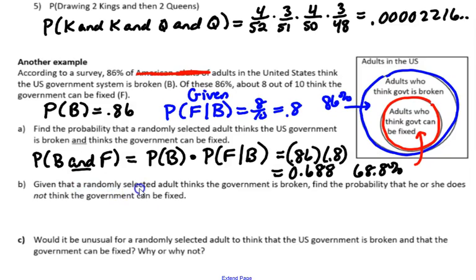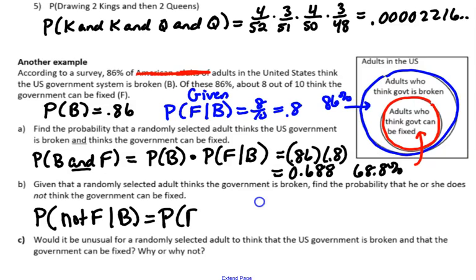Given that a randomly selected adult thinks the government is broken, so we have that given B part again, find the probability that he or she does not think the government can be fixed. So we're saying the probability that they think the government cannot be fixed, not F, given B, or the probability of F complement given B. If 8 out of 10 of the people who think the government is broken think it can be fixed, what fraction thinks it can't be fixed?